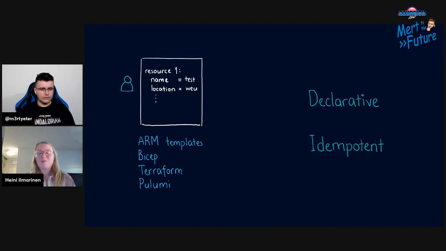Also, you need to know that, for example, to create a virtual machine, you first need to create a network interface card and then the disk, and as the last step, you create the virtual machine. With this declarative syntax, it's easier. You don't need to know in which order you specifically need to create certain resources. You just set the end state and off you go.